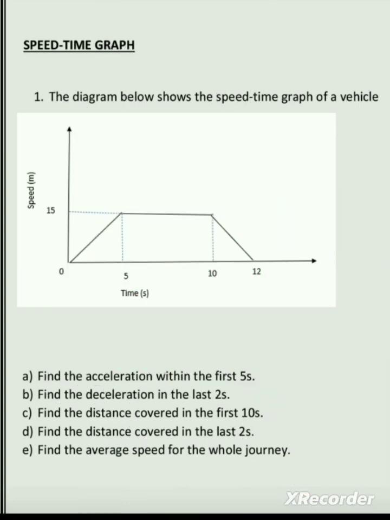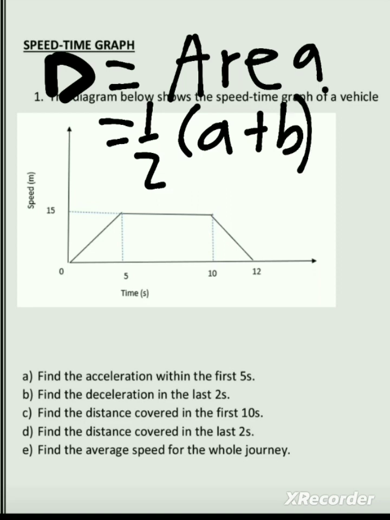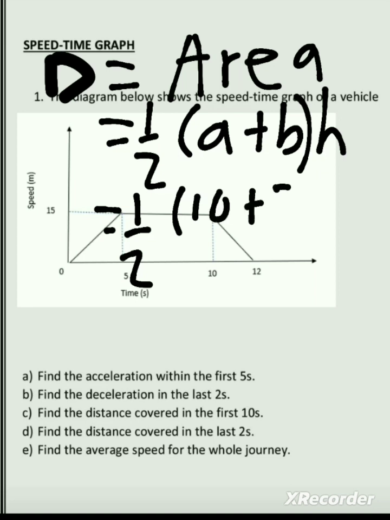So I'm sure I've confused you because I made a mistake somewhere. So let me just redo it. Here we have A 10, B 5, and H 15. So distance is equal to area, which is half A plus B H. So it's going to be half, A we said it's 10, plus B, it's 5, times H, which is 15.